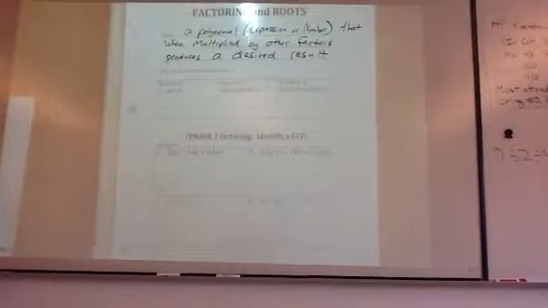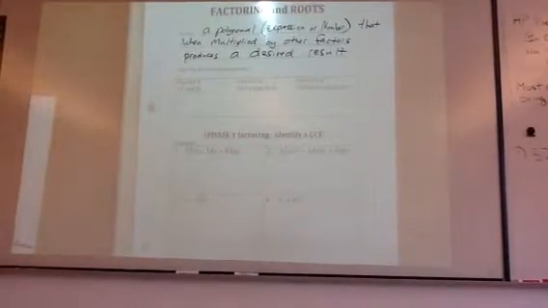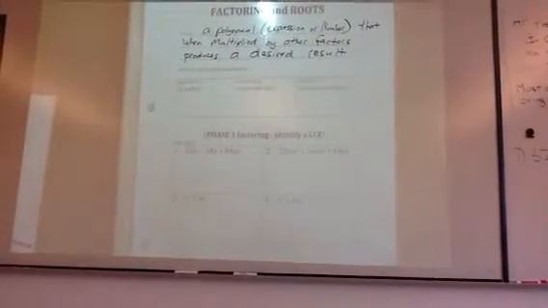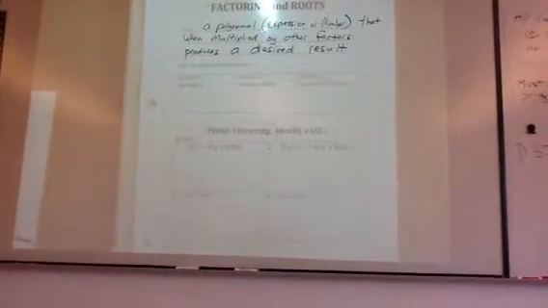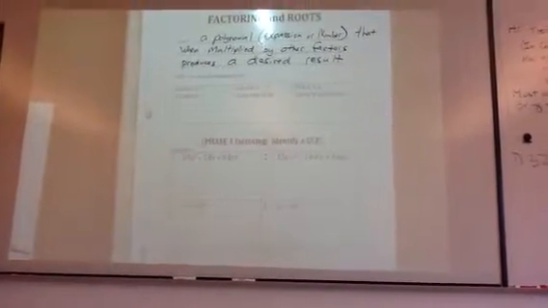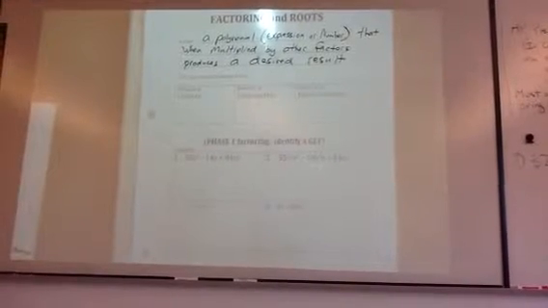This is going to be our working definition for a factor. It's a polynomial, which could be some sort of an expression or just a number, that when multiplied by other factors produces a desired result.